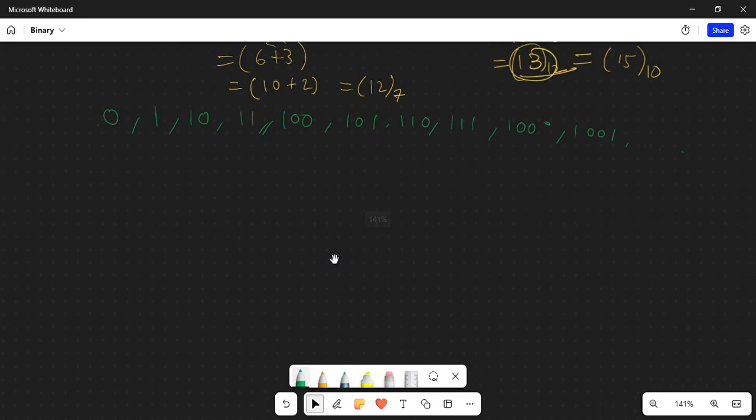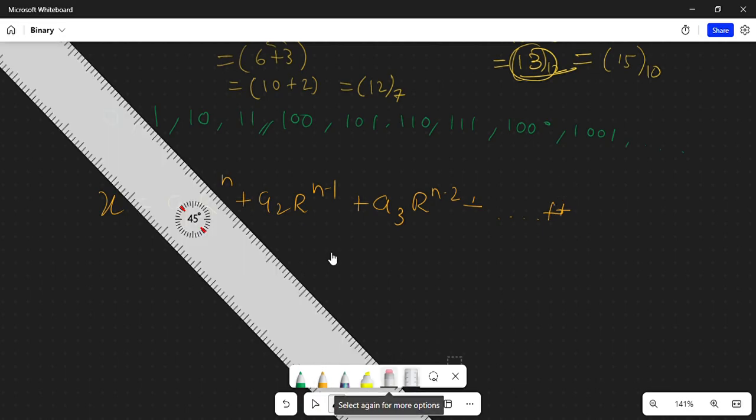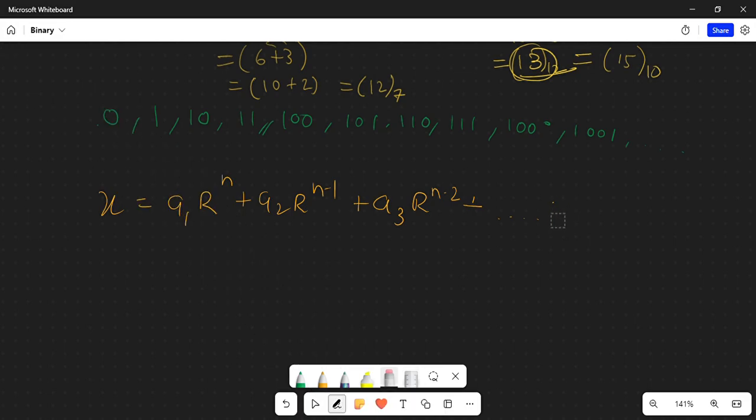What we do for any number x is write it in the form of radix r: a1 r to the n plus a2 r to the n minus 1 plus a3 r raised to n minus 2, up to some radix r raised to 0, so that we have access to odd numbers also, and this would be having the coefficient an.